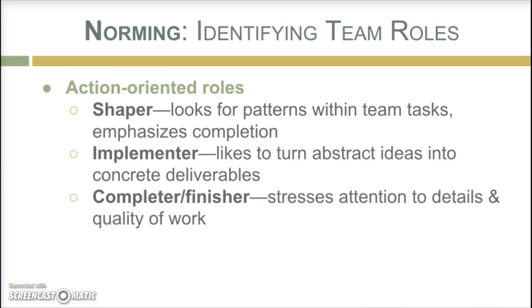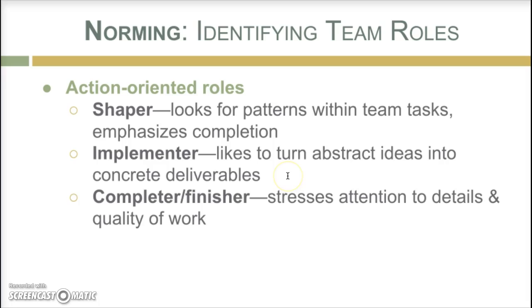We can also have action-oriented roles, and these can be categorized by shaper, implementer, completer, finisher. A shaper is someone who looks for patterns within team tasks and emphasizes completion. So they see that these certain patterns occur, and to them, it makes a lot of sense to capitalize on those patterns and to try to get the job done efficiently.